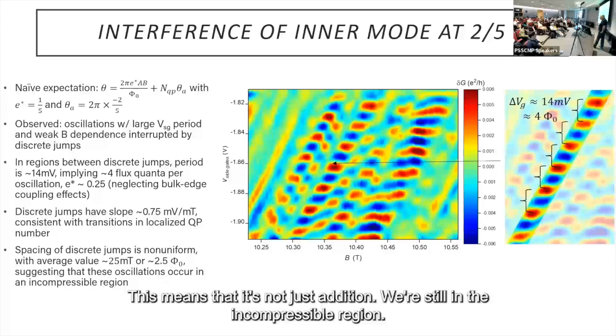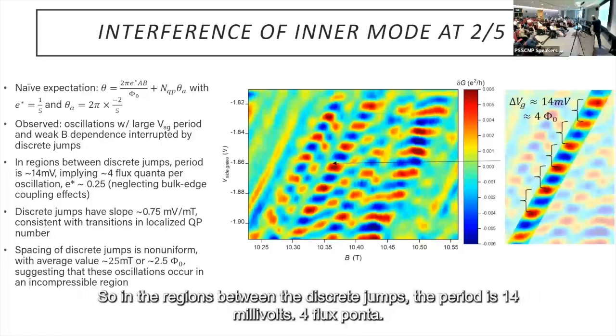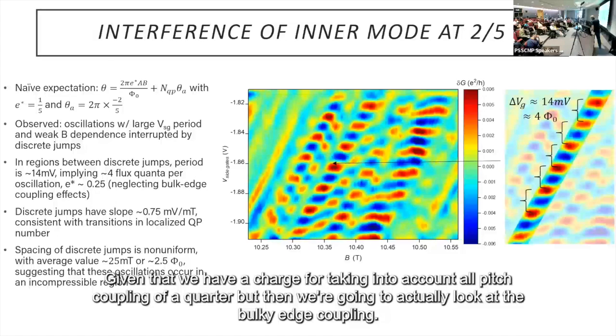This means that it's not just addition. We're still in the incompressible region. We're not just adding quasi-particles in those regions where the AB evolution is taking place. So in the regions between the discrete jumps, the period is 14 millivolts, 4 flux quanta, given that we have a charge, taking into account bulk edge coupling, of 1/4.